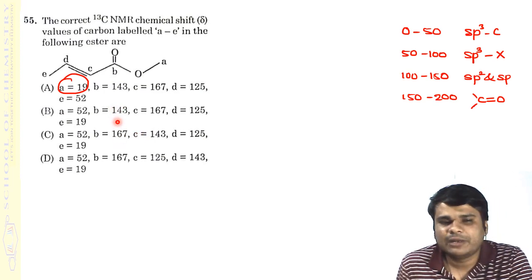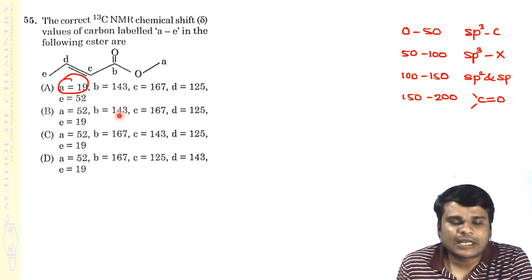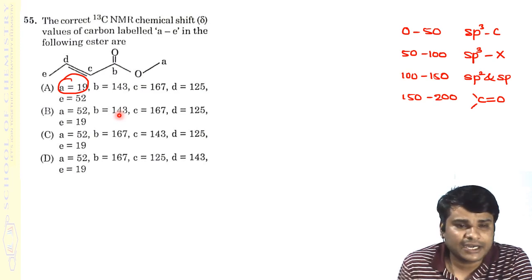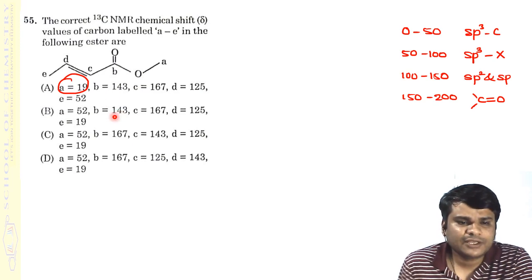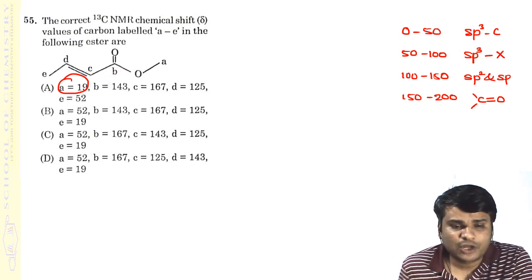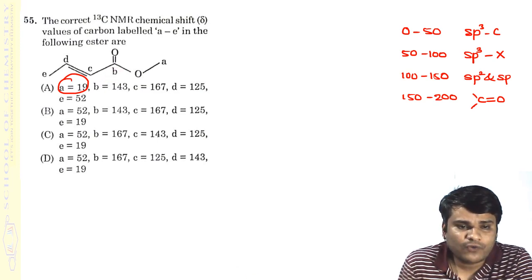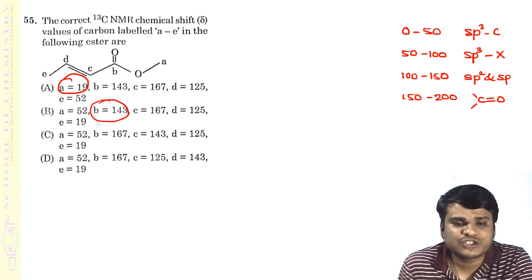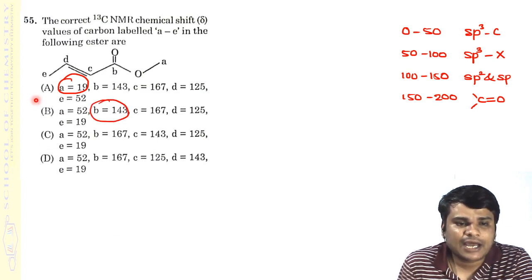It is not possible because this falls in the typical sp2 range. Carbonyl will definitely be 160 plus, of course it can be 170, 180. Here 167 has come for a good reason, we shall see that. But based on this, what we can discard is B, 143, if you identify that this is wrong, and based on that we can discard A as well as B. We are left with C and D.